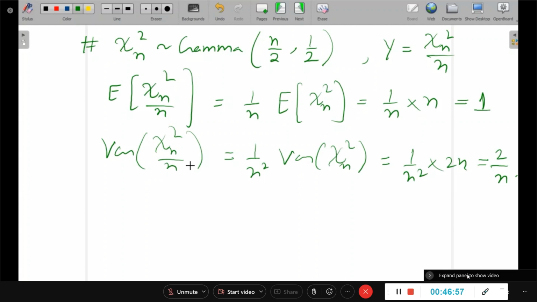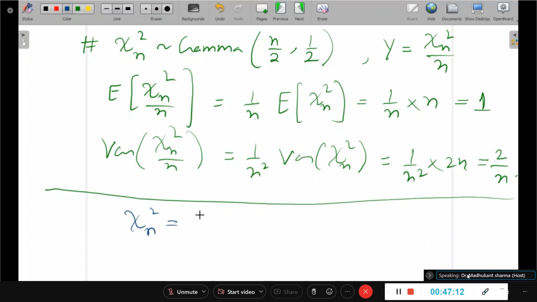Now, what does the weak law of large numbers say? If you recollect all the previous knowledge, chi-n square is nothing but the summation of zi square, i equals 1 to n. Each zi square is iid, identically independently distributed random variables.